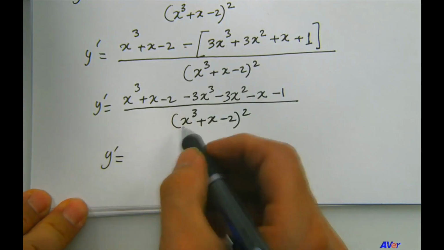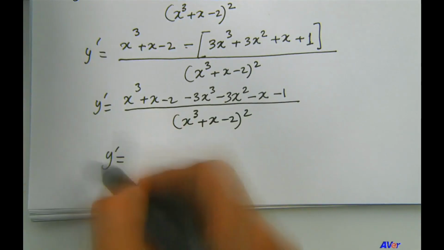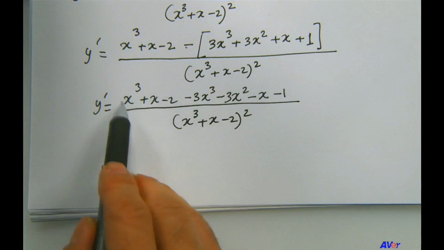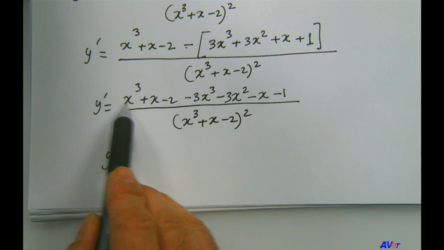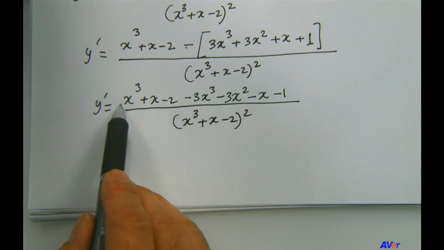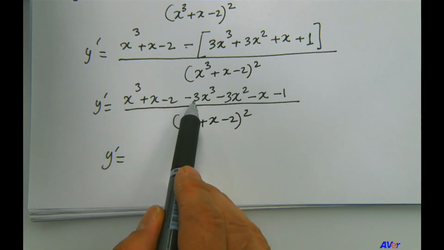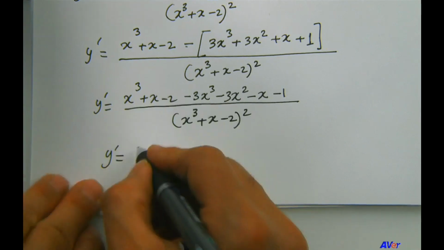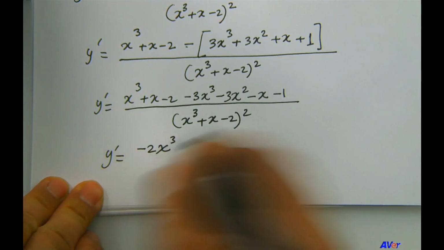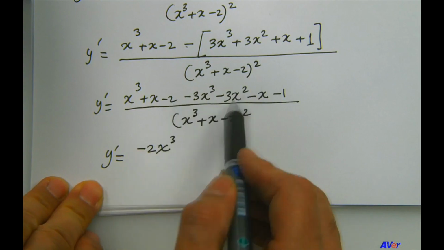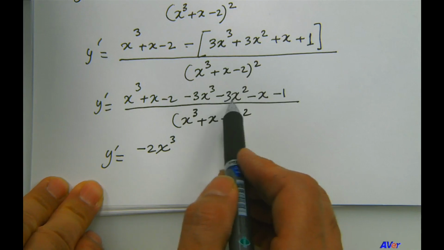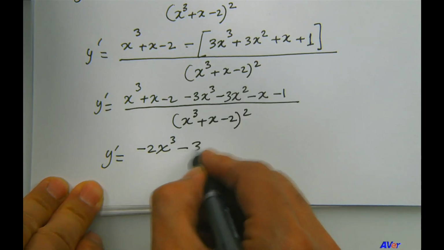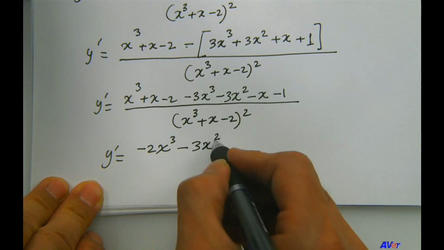Okay, so y prime, or the derivative of the y function, so we have two x cubed terms. We combine the coefficients. 1 minus 3 is minus 2x cubed. Then we have only one x squared term, so minus 3x squared.